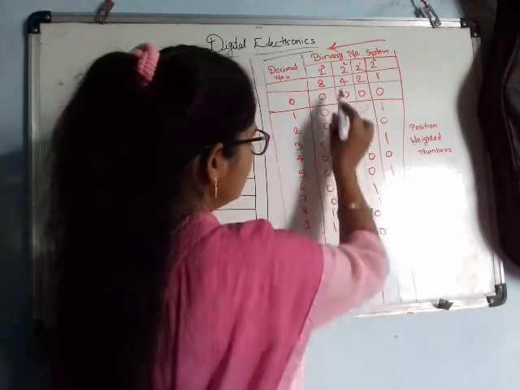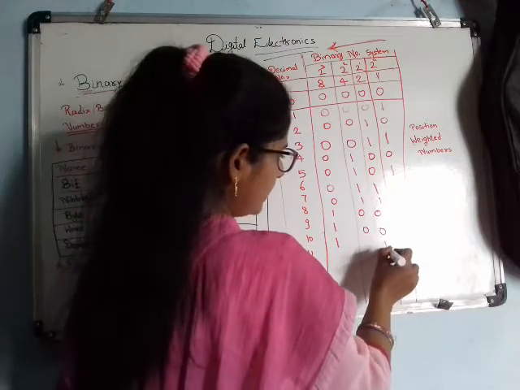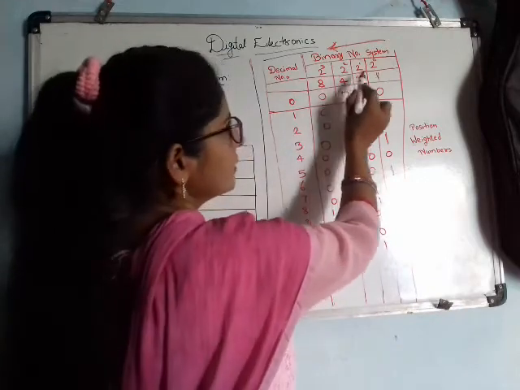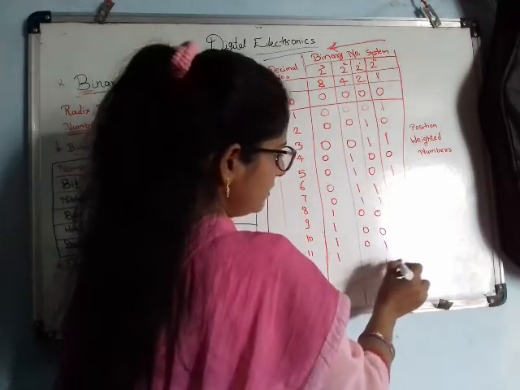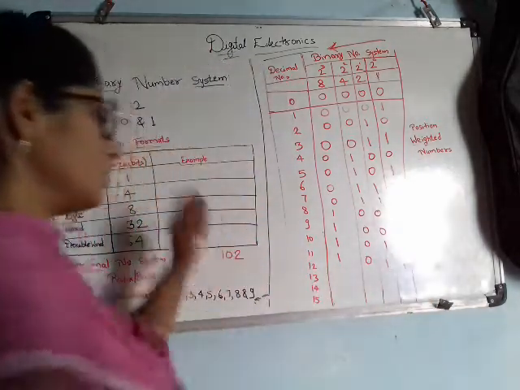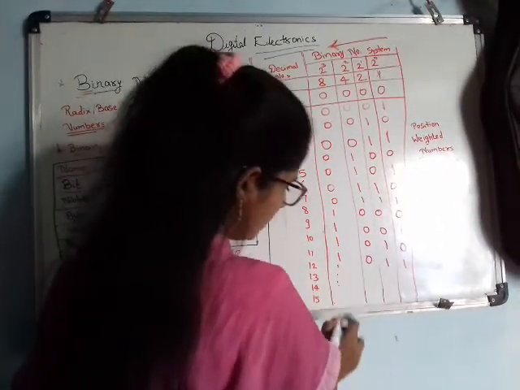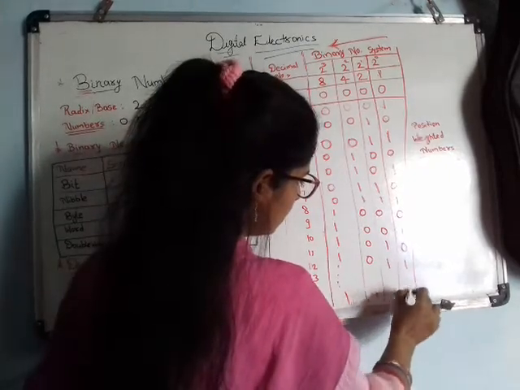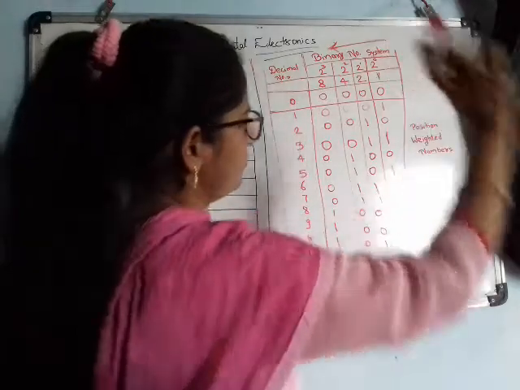For 10, 8 plus 2, and for 11, 8 plus 2 plus 1, so 1, 0, 1, 1 is 11. In this way write down all the numbers, and for 15 it is 1, 1, 1, 1, that is 8, 4, 2 and 1.